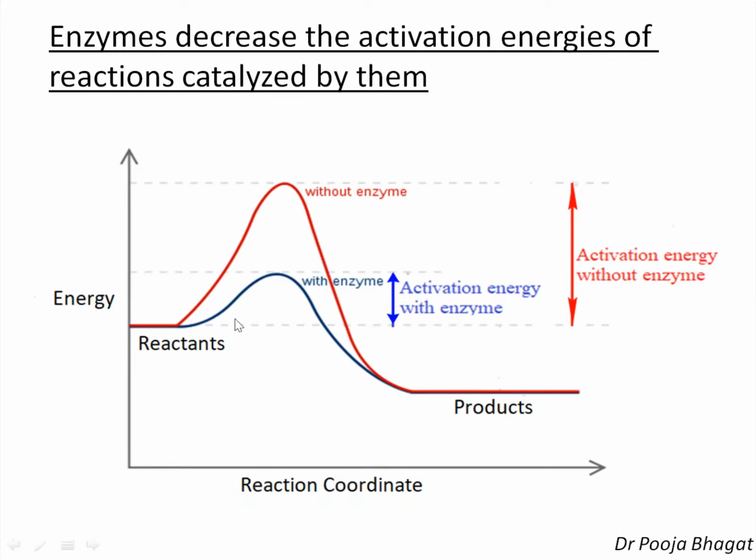So when enzyme is not there, the reactants have to cross this energy barrier to convert into the products. While when the enzyme is present, activation energy is lowered, and therefore more reactants can more easily get converted into products, and therefore rate of reaction is increased.